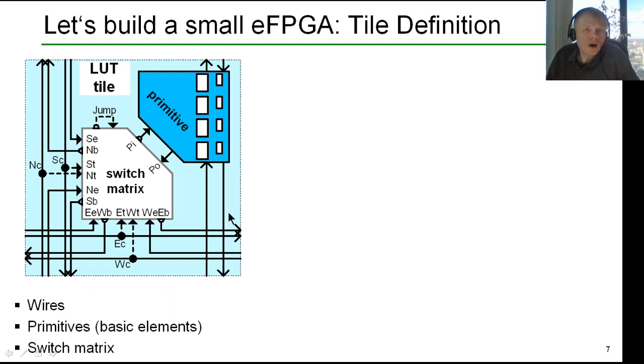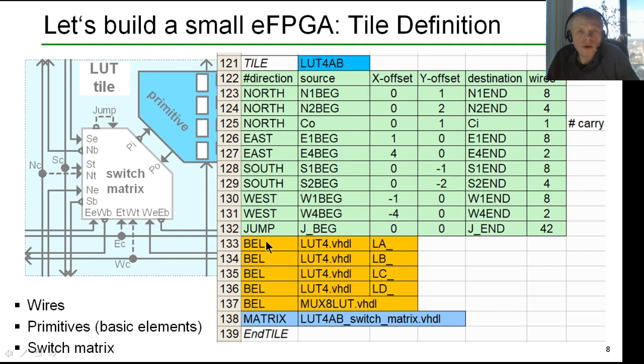To give you an idea of what a tile looks like, it's a regular tile that provides wires to the surrounding, it provides a switch matrix, and it provides primitives. The primitives could be everything like a lookup table, a slice as in Xilinx terms, a multiplier block, a small memory block, anything like that.